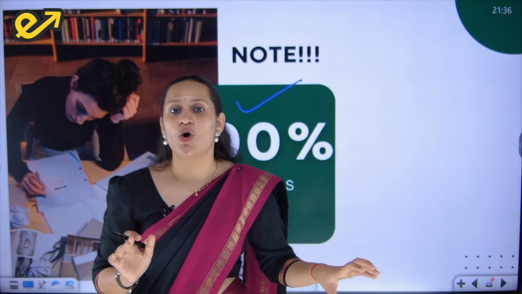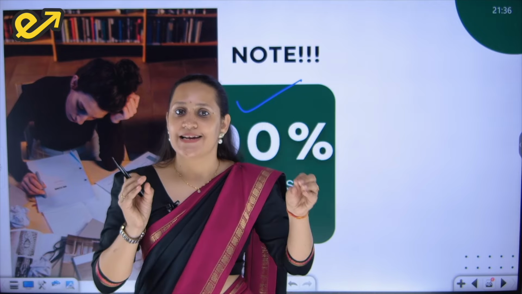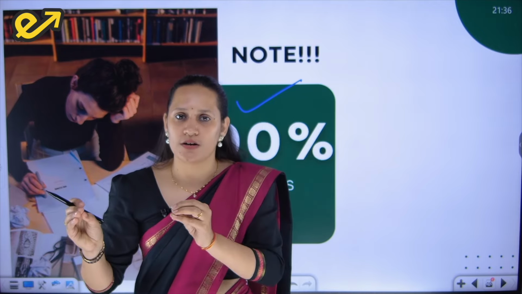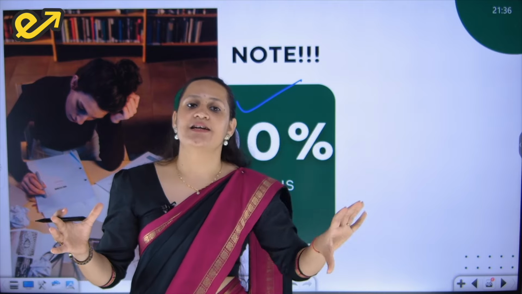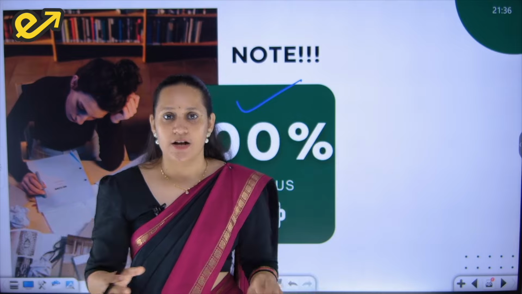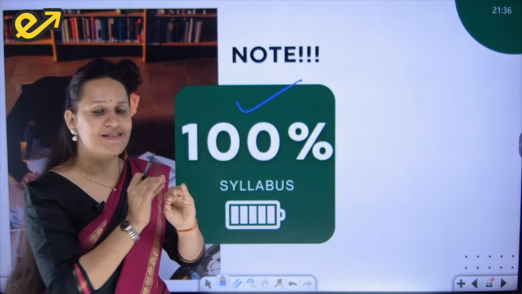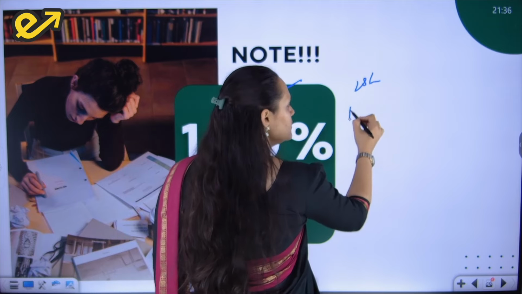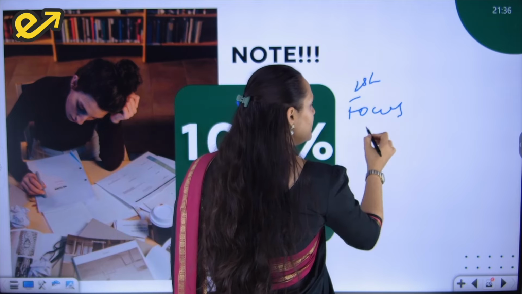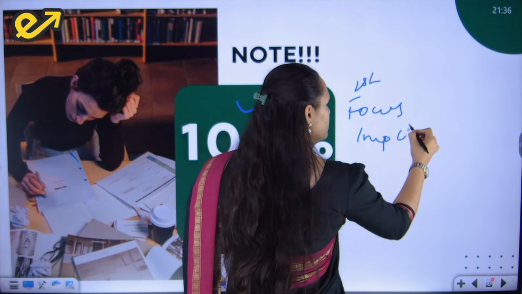You cannot ignore or neglect those chapters. It is just that we are going to give more focus on the important chapters. We are going to complete it, and then the remaining chapters are going to be studied. So yes, you have to study the entire 100% of the syllabus, but first we are going to focus on completing the important chapters.